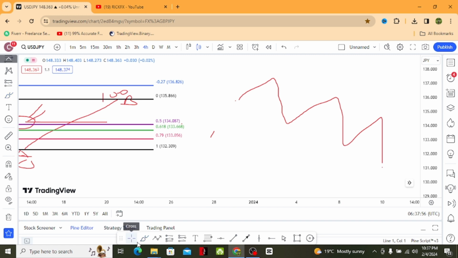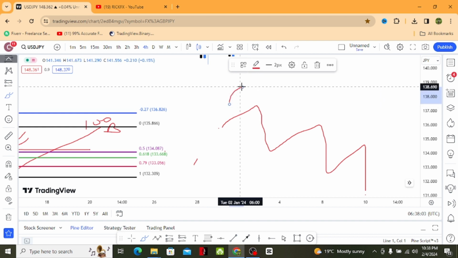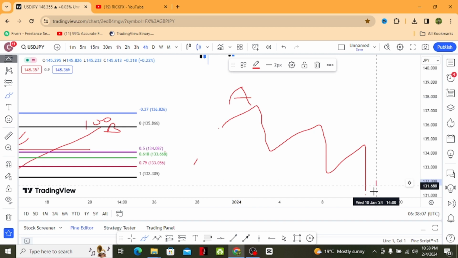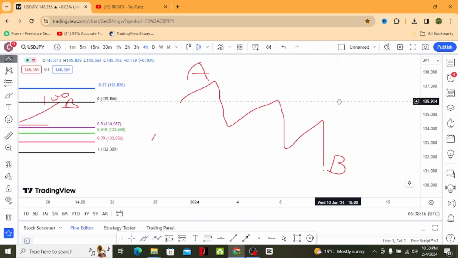All right, so this is our point A, and this is our point B. Price is doing a series of lower highs and lower lows.